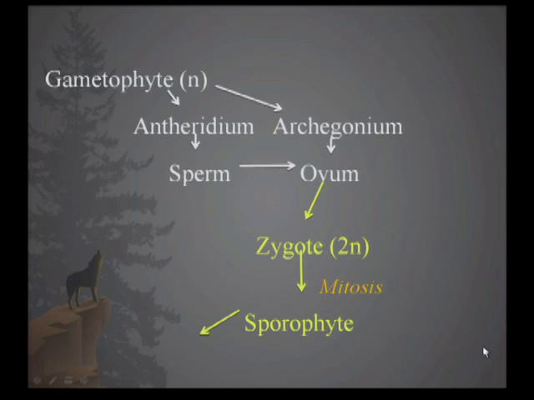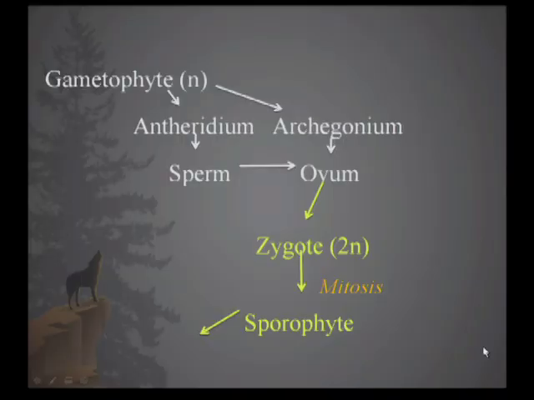So if you look at the names again, the gametophyte, the word means a plant that produces gametes. So the gametophyte is going to produce a structure called an antheridium that generates sperm, an archegonium that produces ova. When sperm and egg fuse, that forms a zygote. As the zygote grows into a plant, we call that plant a sporophyte plant. So here we're looking at a plant that is going to produce spores.